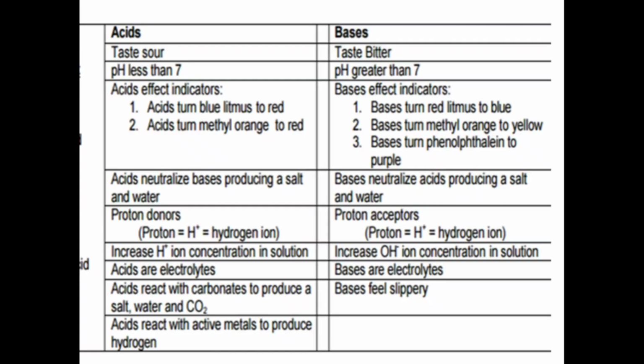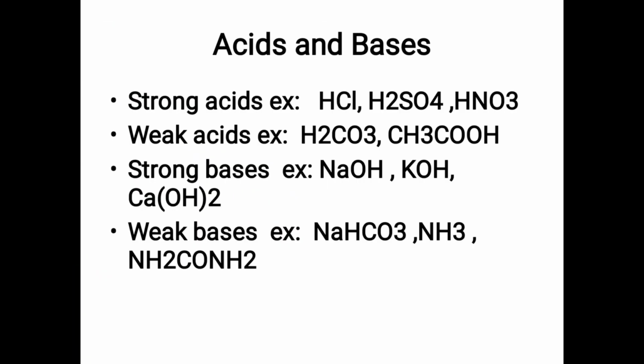Okay, acid and base. What is an example of an acid? Sulfuric acid is a strong acid, which is called the king of acids. Other examples of strong acids are hydrochloric acid and nitric acid. Weak acids include carbonic acid, H2CO3, and acetic acid, CH3COOH.